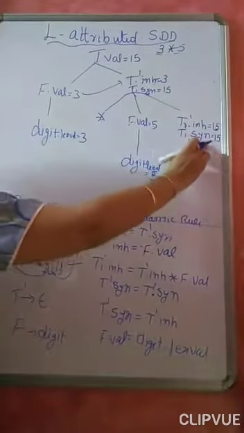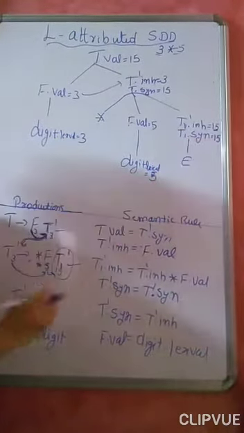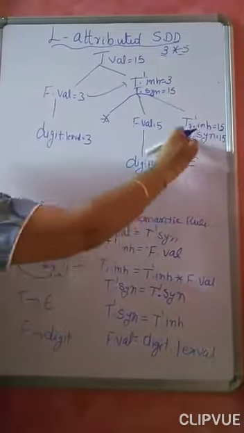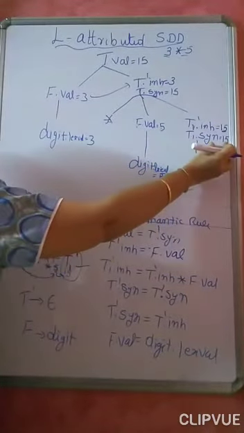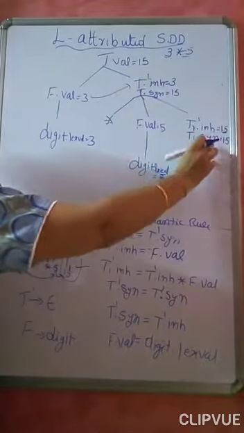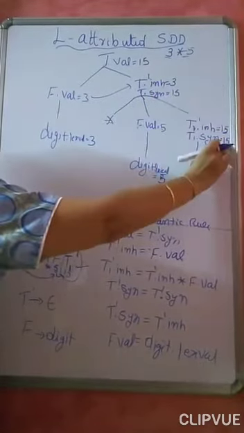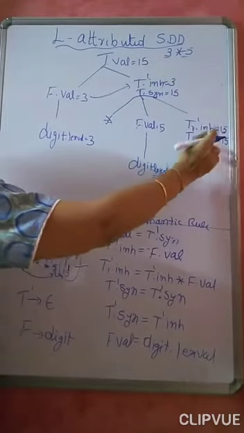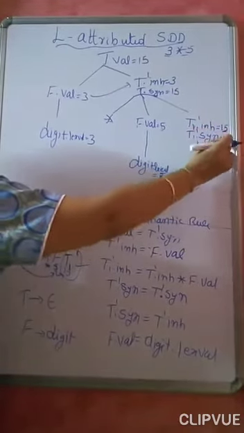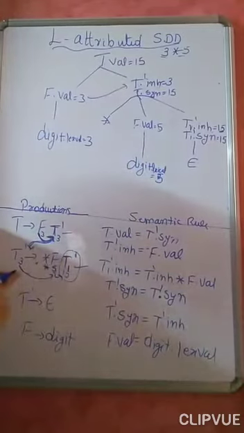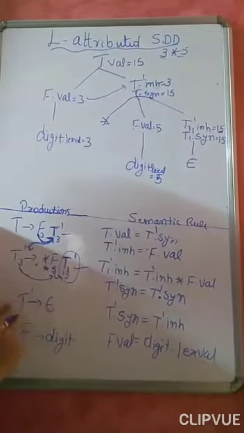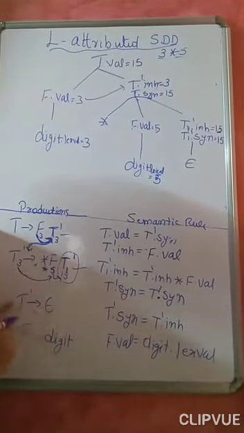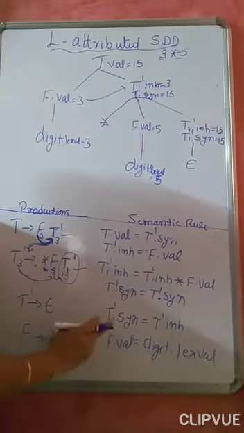So now come to this one. When I am replacing this T dash with an epsilon, I have that value as 15 only, because after multiplication I got 15. So the synthesized value of T1 dash is nothing but 15. When I am replacing it with epsilon, what is the value I have to consider?